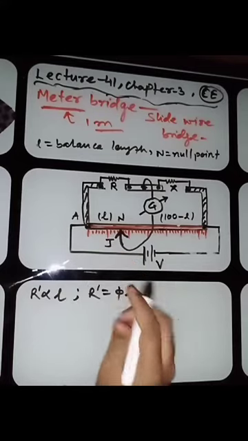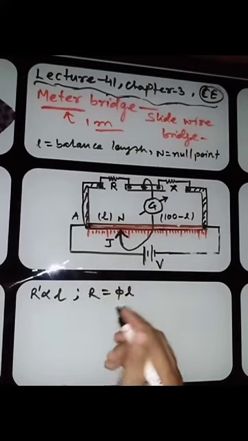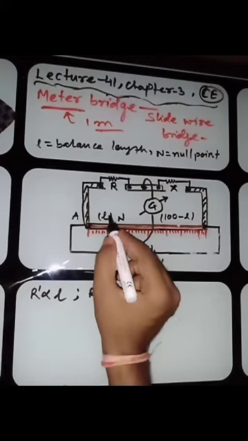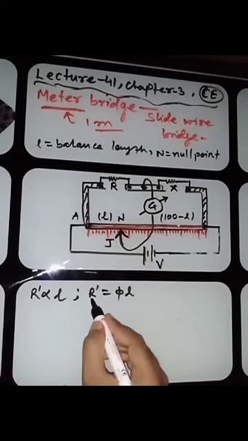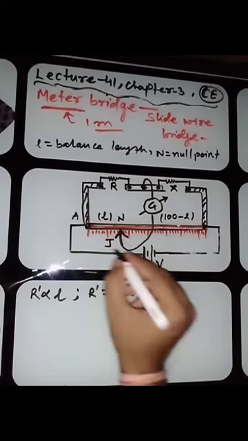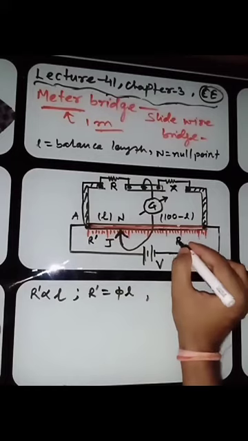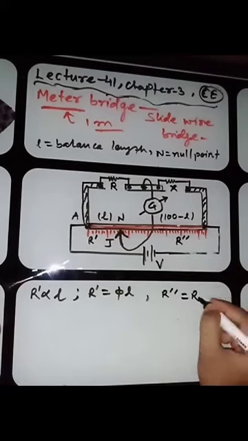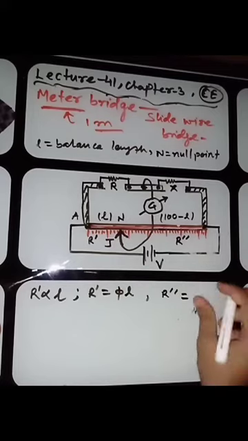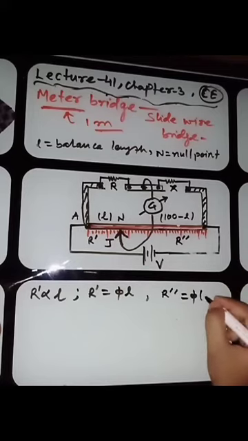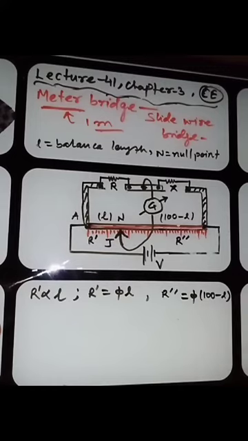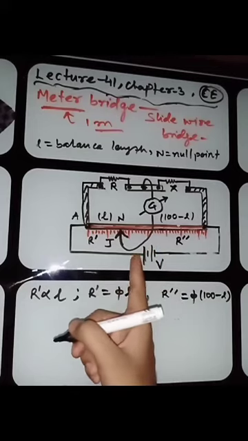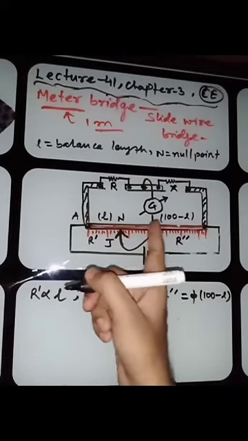So the resistance of this L length, let me write here R dash, and the resistance of this one, R double dash, you can write as σ times (100 minus L). Very simple. Now you can see this can be arranged in such a way that it looks like a Wheatstone bridge.